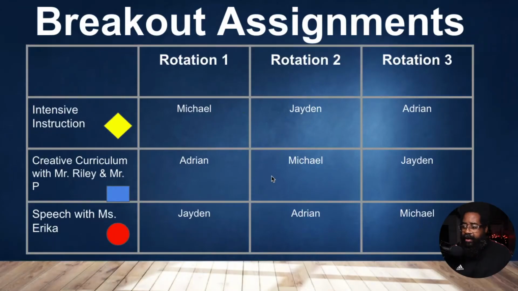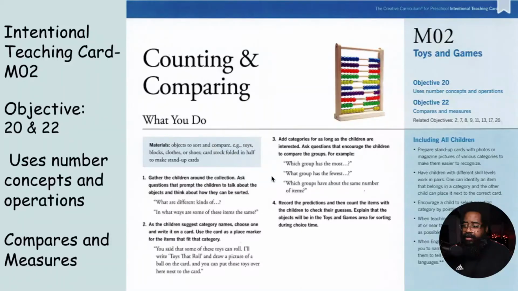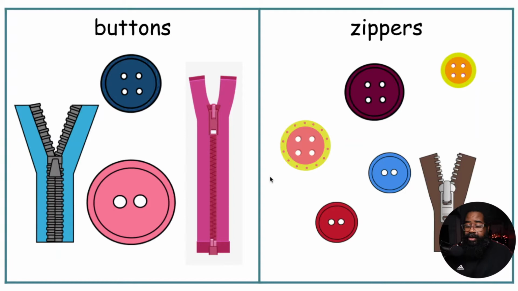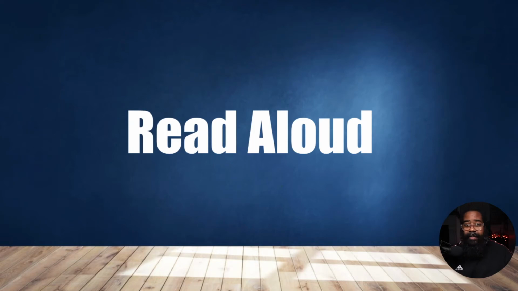And so I have my breakout assignments. I have a small activity that relates to counting. Again, in preschool, I'm just trying to teach my kids how to count up to 5, or maybe identify shapes and colors. This week we're dealing with clothes, so we're talking about zippers and buttons, maybe socks and shoes, just being able to match by color.